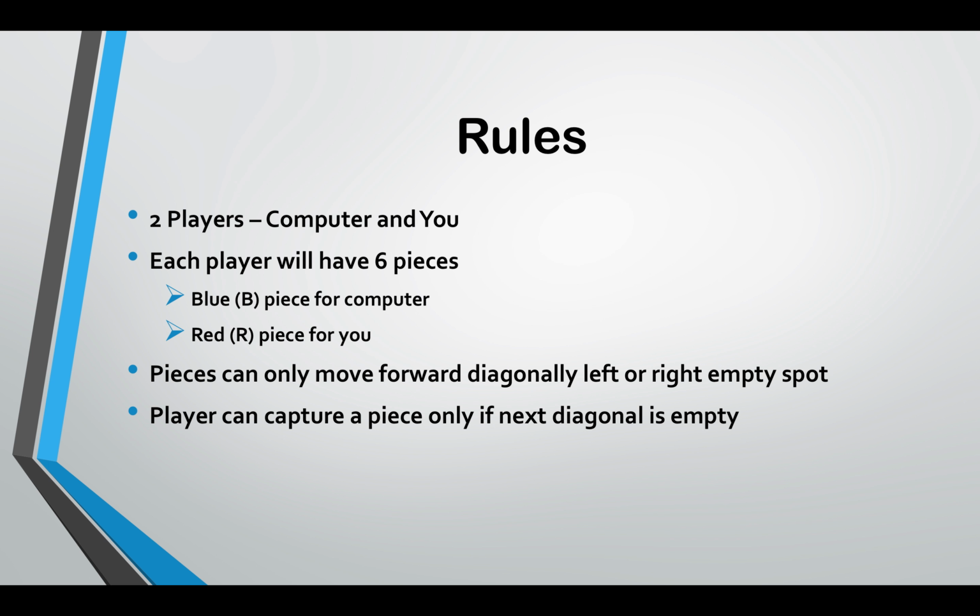The players can capture a piece only if the next diagonal is empty and there is a piece of the opponent available there. In that case, both the computer and the opponent can capture the pieces of one another, and in this way they have to move forward to the opposite side of the board.